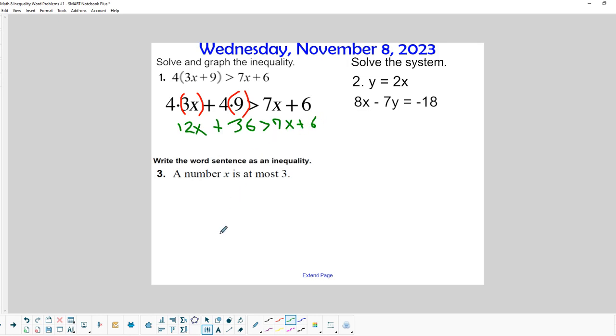Now we're going to do a couple of things at once in the interest of time and space. We subtract 36 from both sides, and at the same time subtract 7x to move it to the other side.